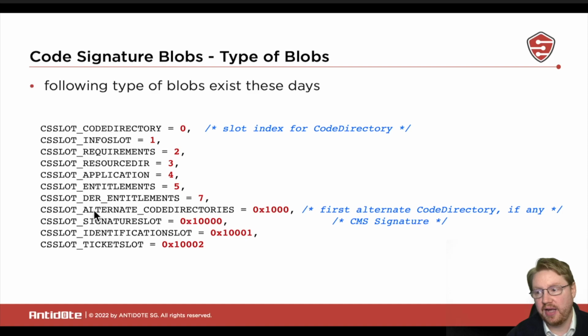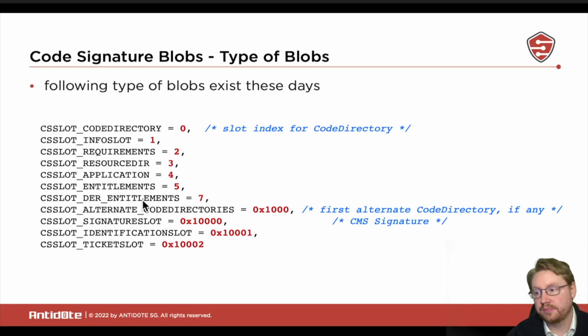We also have alternate code directories. The purpose of this was that the code directory is signed by a certain algorithm, and maybe that is considered insecure in some short amount of time, like for example, it used to use SHA-1. Then they added the possibility to have alternate code directories, so you could have the same code directory again signed with a SHA-256 hash or SHA-512 hash and so on, to be more forward compatible for the future.